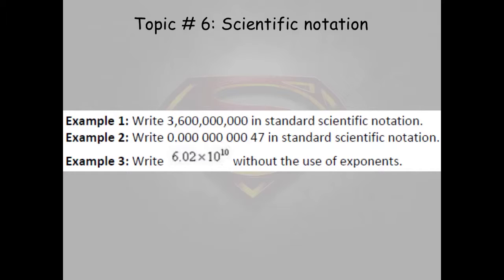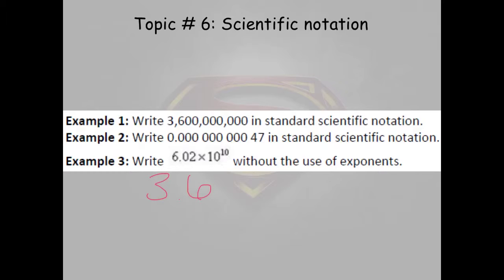Alright, example: writing this large number in standard scientific notation. Well, again, look where we're coming from. If we have the number in standard form like it is now, we come from the left, and the first two non-zero digits, I see 3, and I see 6. So the decimal is going to go between those first two, so it's 3.6.